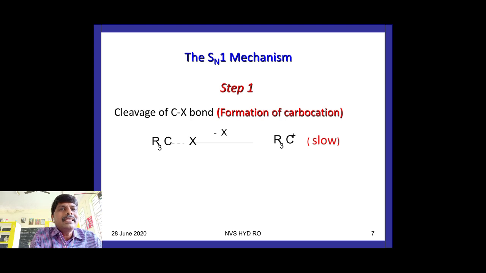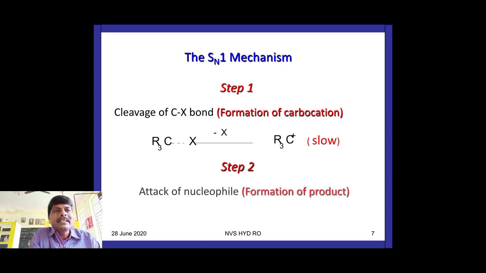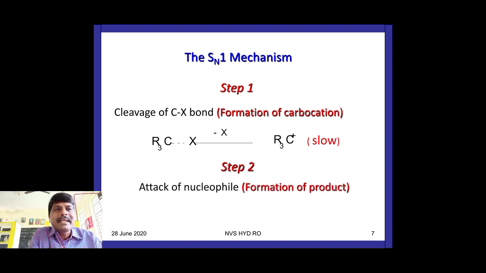You know the name of a group with a positively charged carbon? Yes, carbocation. So in the first step, formation of a carbocation will take place. It is the slowest step. In the first step, ionization of the alkyl halide takes place to give a carbocation. It is the slowest step. It is the rate determining step.